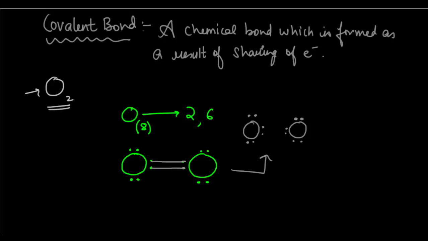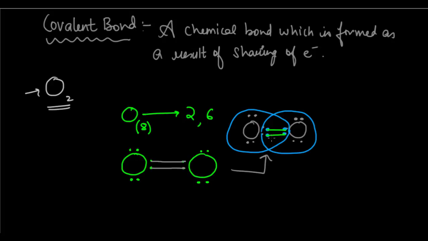Now, basically, these electrons are going to be shared with this oxygen, and these 2 electrons will be shared with this oxygen as well. So you can see that there are 2 electrons from this oxygen, 2 electrons from this oxygen, and between these 2 electrons there's going to be a pair of bond each, right?